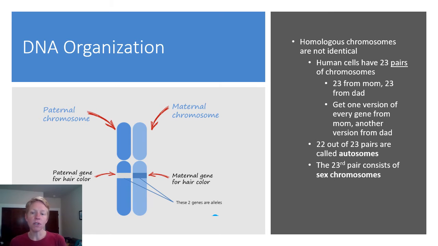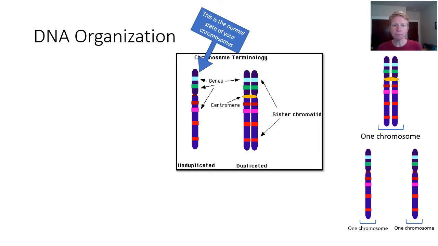But they do also code for what makes us biologically male or biologically female. So I know this is cut off here, but males, and again, you've learned this, receive an X chromosome and a Y chromosome. Females receive two X chromosomes.